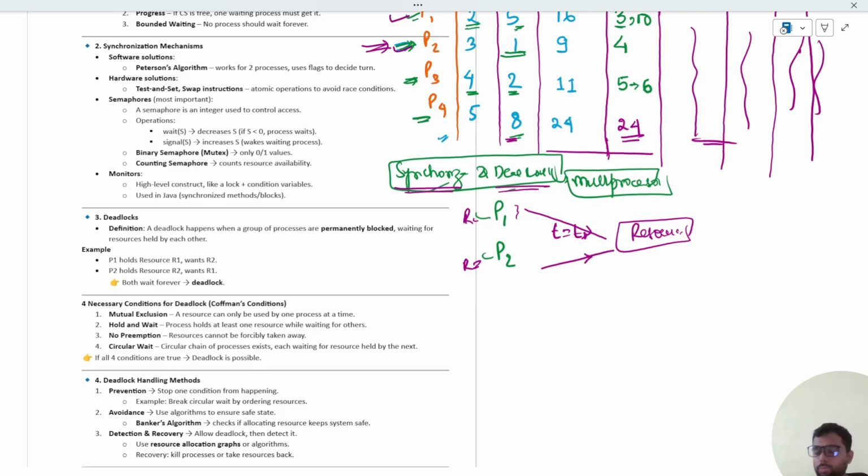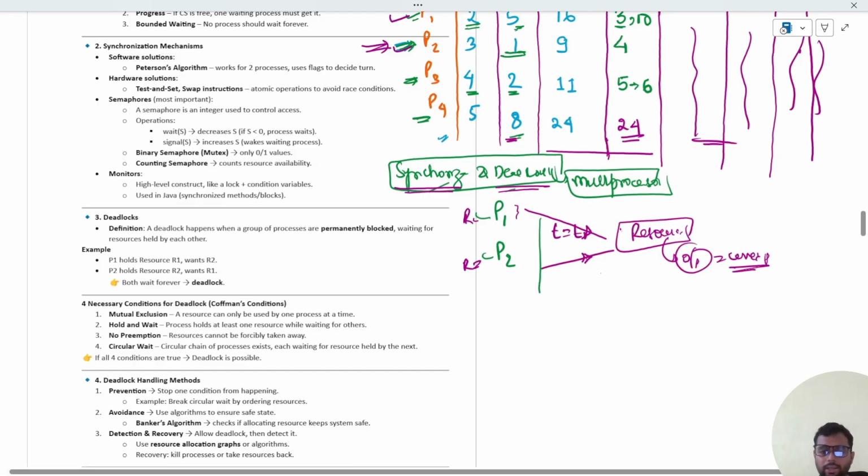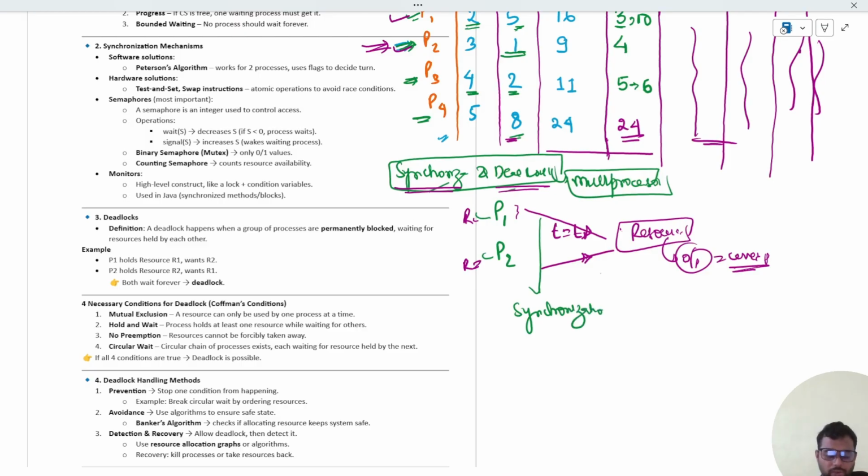If both processes are sharing a resource simultaneously at the same instant of time, then the output could be unexpected or inconsistent. So to avoid such a scenario, we ensure that synchronization is achieved between these two processes.